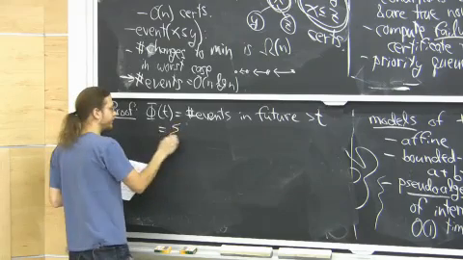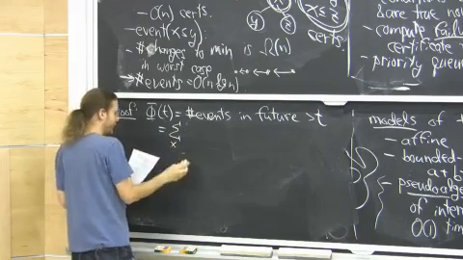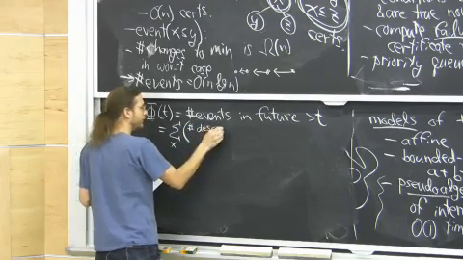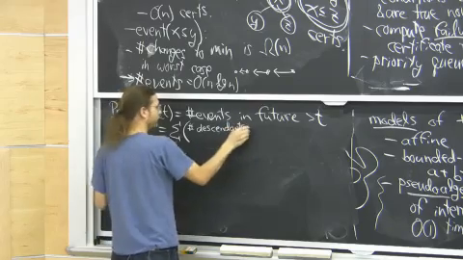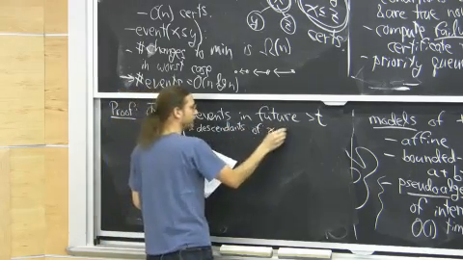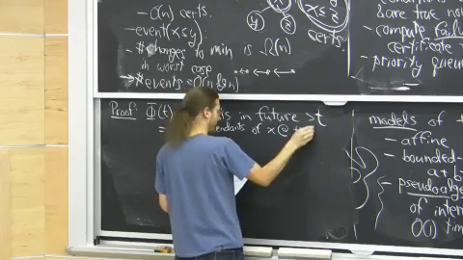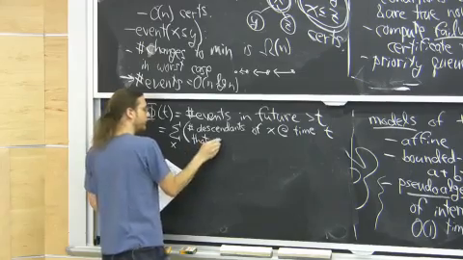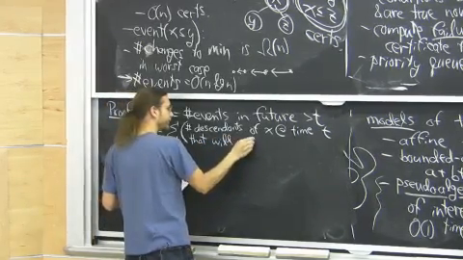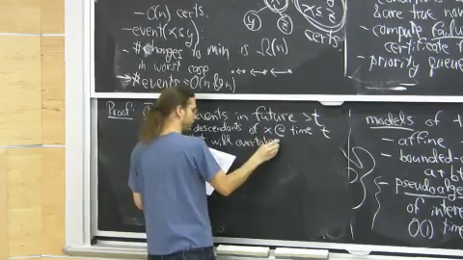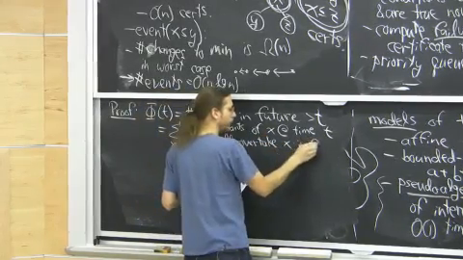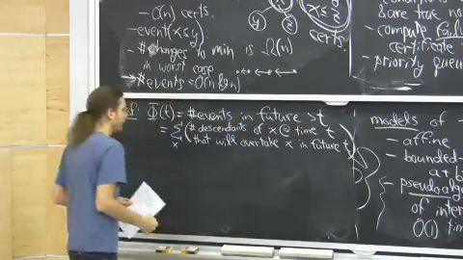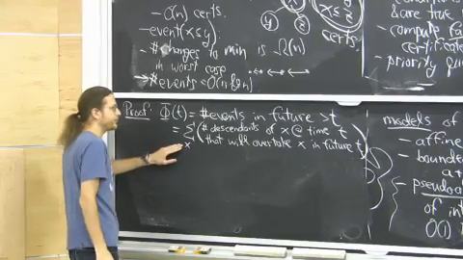So I'm going to rewrite this as follows. I'm going to sum over all items x.